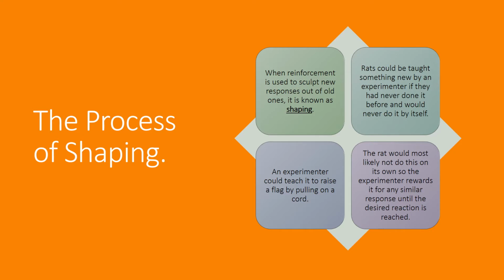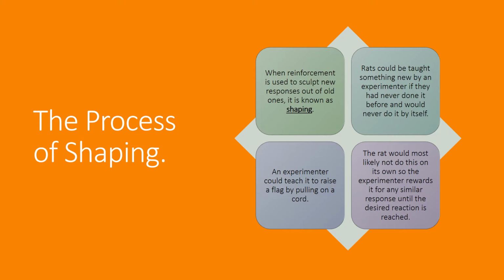So the process of shaping, when reinforcement is used to sculpt new responses out of old ones, it's known as shaping. So for example, rats could be taught something new by an experimenter if they had never done it before, and they might not take that action by themselves. So let's just say, for our example, an experimenter wants to teach a rat to raise a flag by pulling on a cord.